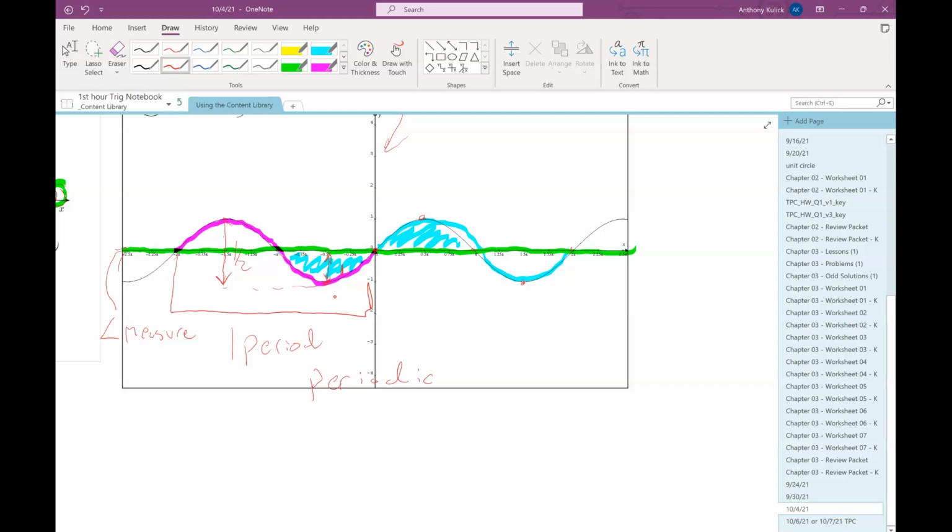So when we talk about the period, it's the length of one of those segments, and when I say length, I mean the horizontal length. So this one starts at -2 pi and ends at 0. So the length for that is just 2 pi.